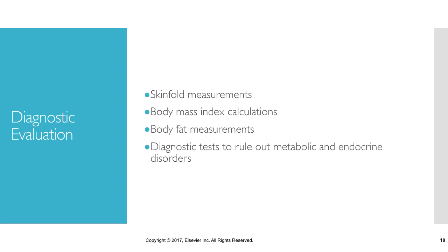If I have a child who has been following their normal growth curve up until this point and suddenly becomes obese, I need to make sure that I'm not blaming the obesity on the wrong thing. And so we're going to look at other metabolic disorders and rule those out before we say, oh, it's just because you're not exercising enough or you're eating the wrong foods.